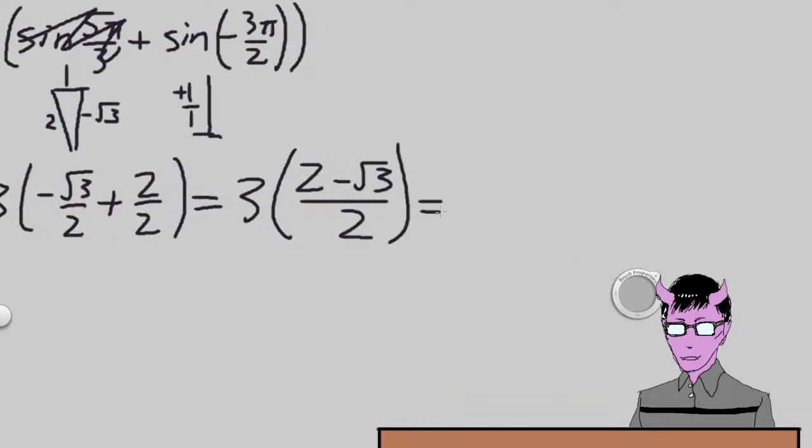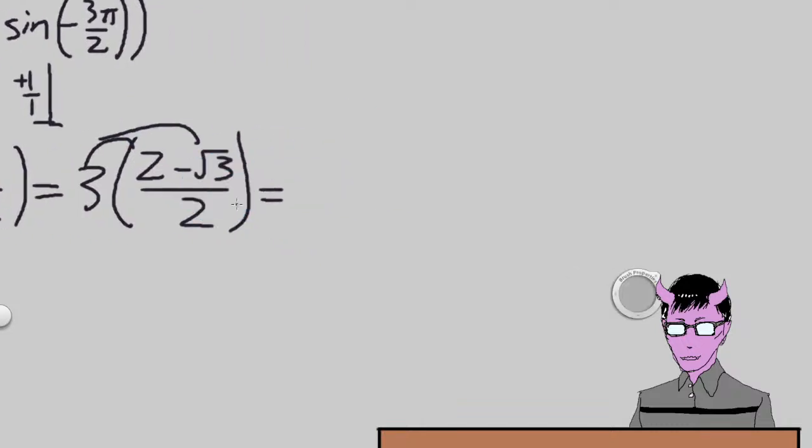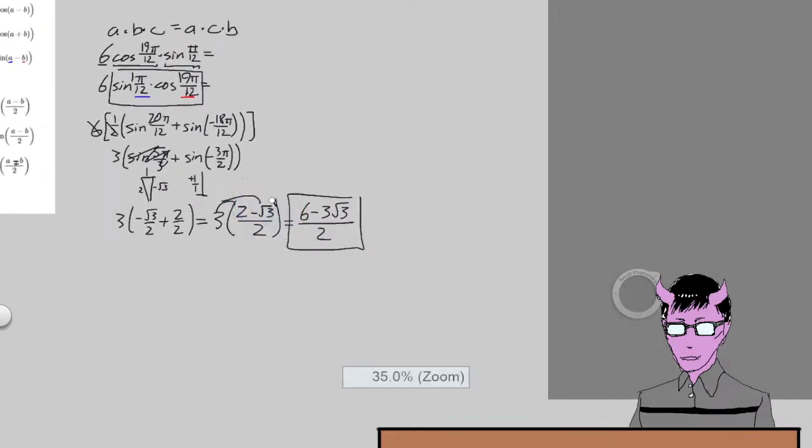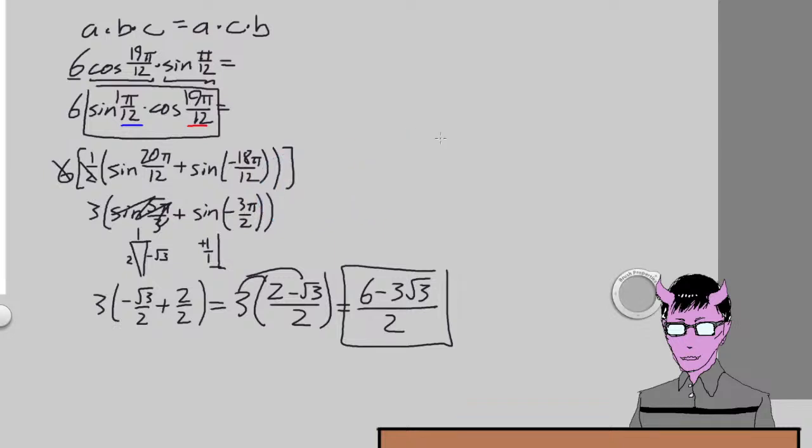And nothing to cancel, so the 3, I'm just going to distribute it. So we're going to get 6 minus 3 root 3 all over 2. That should be the final answer. Yeah, we're good to go.